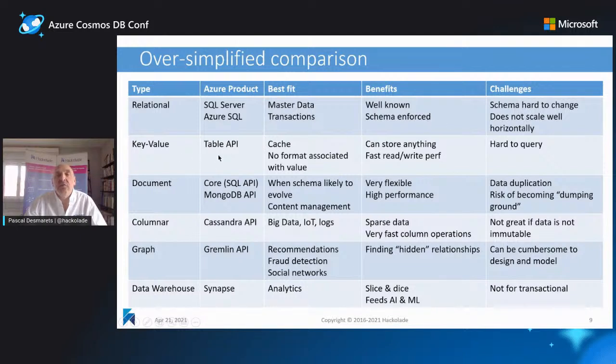So key value stores are great for caching, with incredibly fast performance for reads and writes. But if you're doing queries on anything else than the key, it's going to be really difficult, if not impossible. That's not what it was done for, but as we could see, there's specific use cases where it shines.